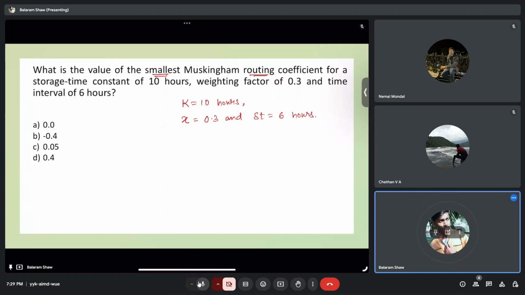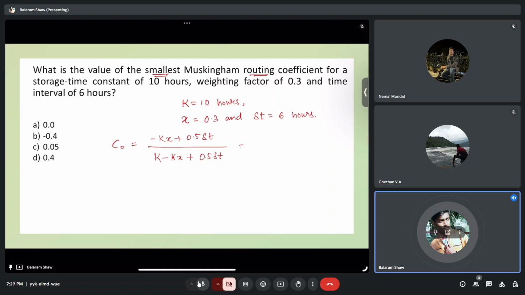Anyone did? I'll do that. So we have written C0 as minus KX plus 0.5 into del T divided by K minus KX plus 0.5 into del T, right?